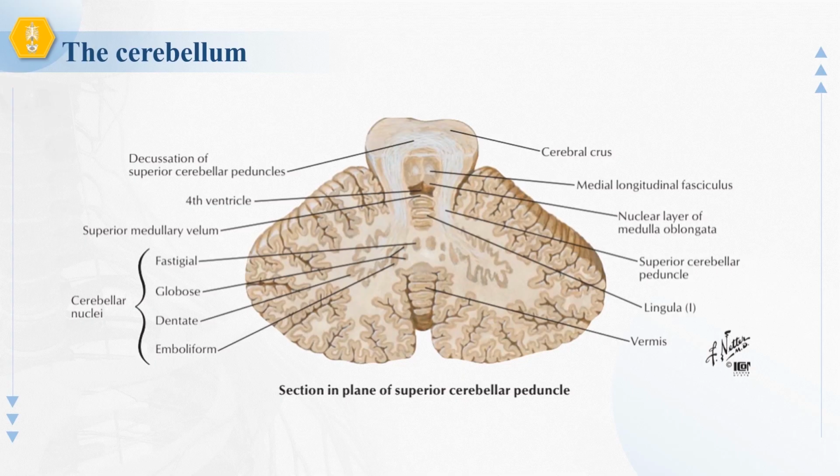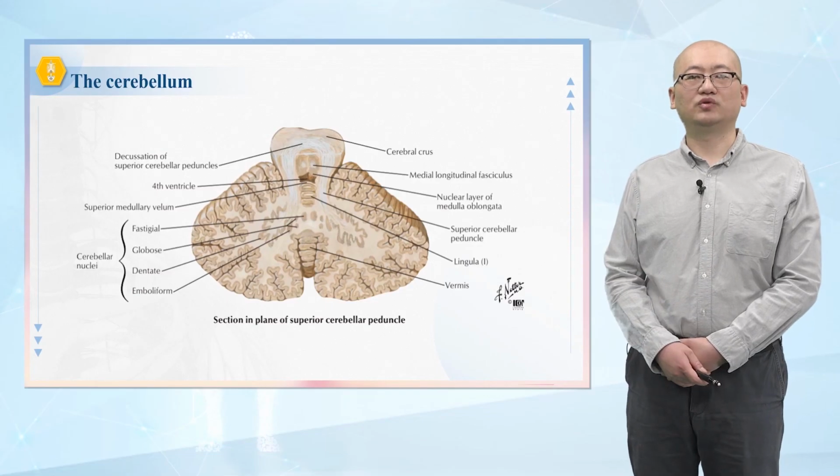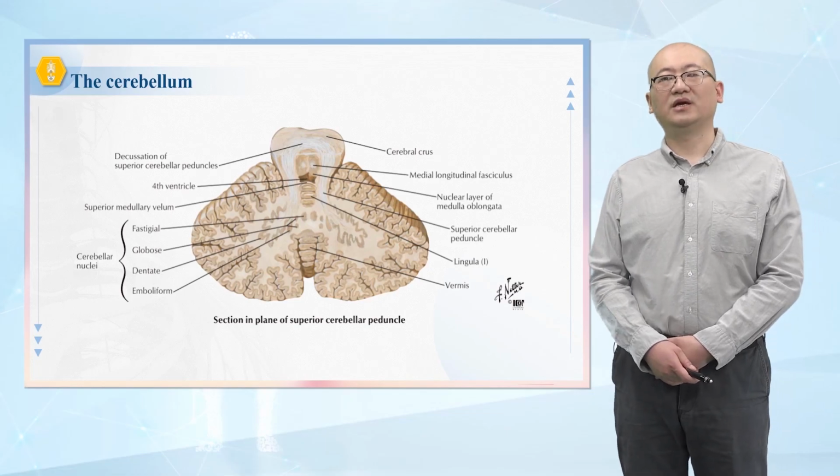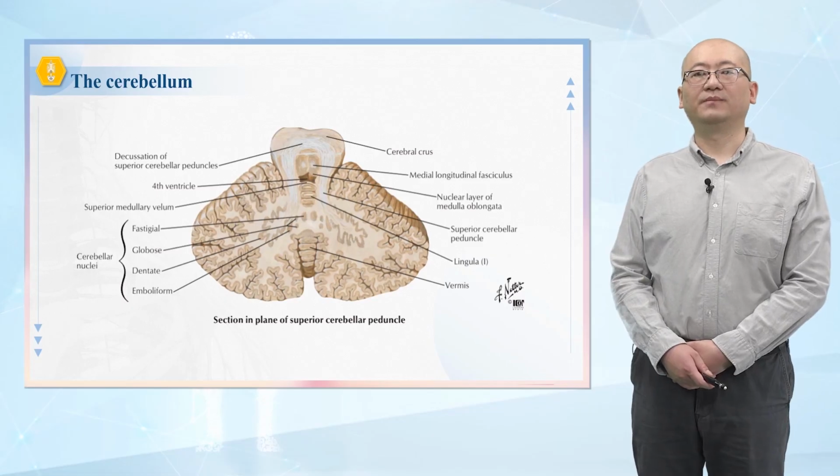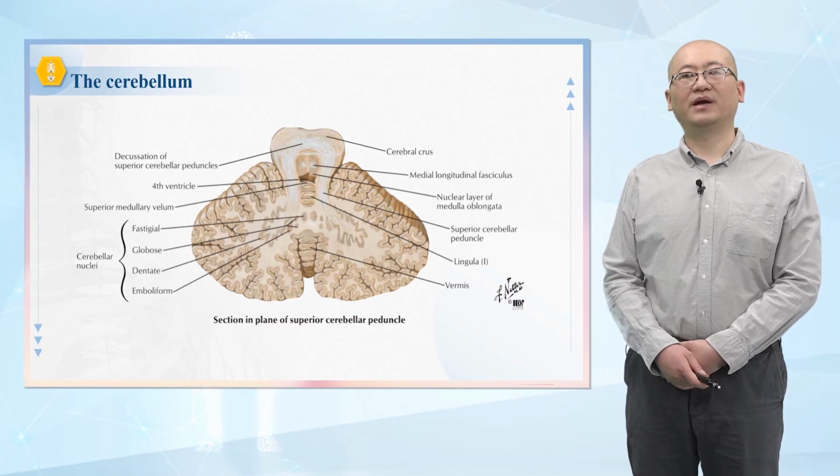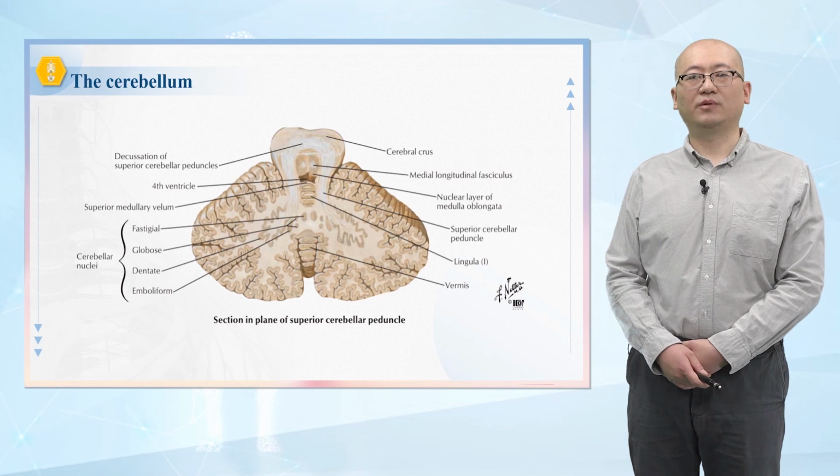Within the inner white matter, the cerebellar nuclei send the efferent impulse to the thalamus, red nucleus, and reticular formation to execute the cerebellar function. The cerebellar tracts travel through the cerebellar peduncles.